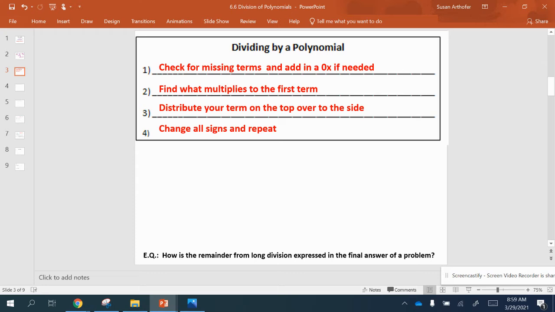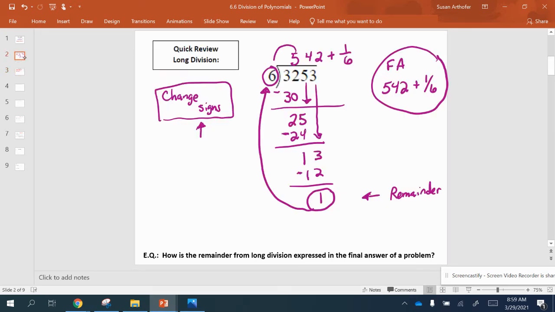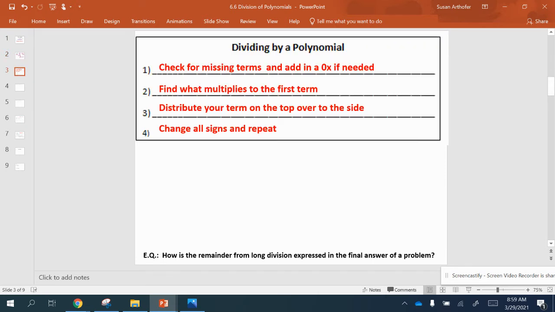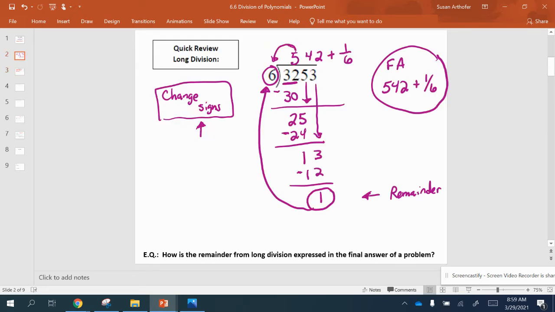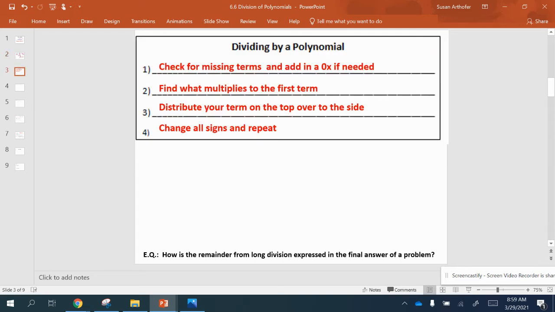You're going to find out what multiplies to the first term, just like we did here. We figured out what multiplied to the first term of 32. And you're going to distribute your term on the top over to the side, just like we distributed 5 over to 6 for that 30. And then you're going to change all signs and keep repeating that process.